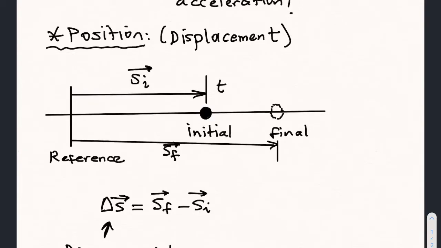Let's say if we start from t equals t_i, and if we spend some time until t equals t final, then the total time spent between these two points is t final minus t_i. Okay, so these are the basics about position and displacement.